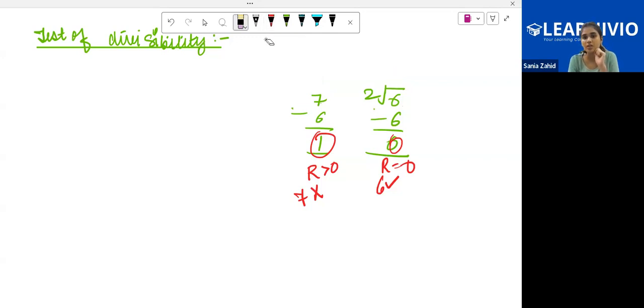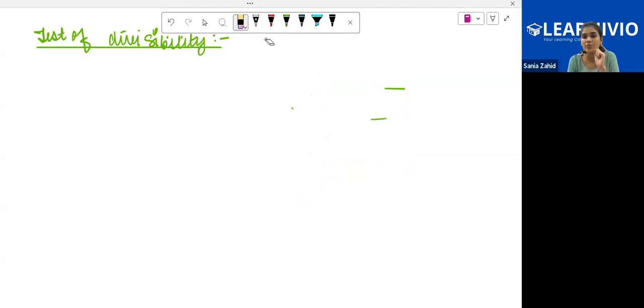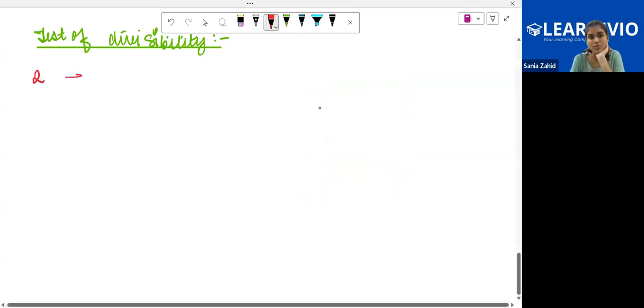Okay, very good. Now, basically, we have certain rules to check if the given number is divisible by the other number or not. First of all, I'll be talking about the divisibility of 2. For 2, I have a rule. That all the even numbers are divisible by 2.